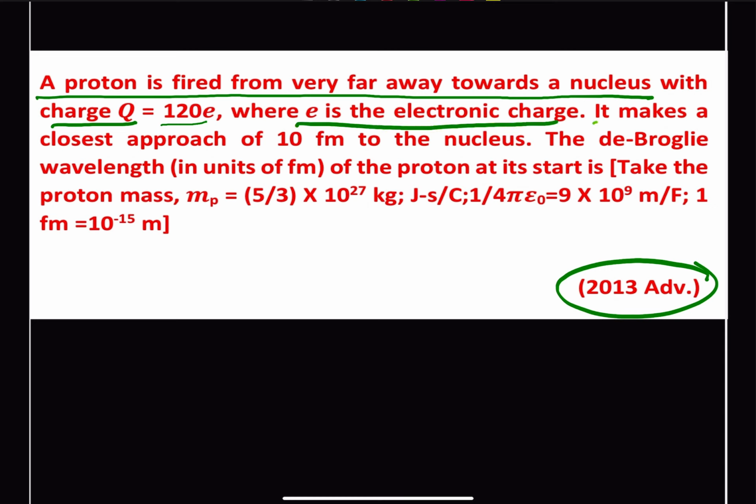It makes a closest approach of 10 FM to the nucleus. The de-Broglie wavelength in units of FM of the proton at its start is asked. Values of mp as well as 1 upon 4 pi epsilon naught as well as 1 FM in terms of meter are given to us.